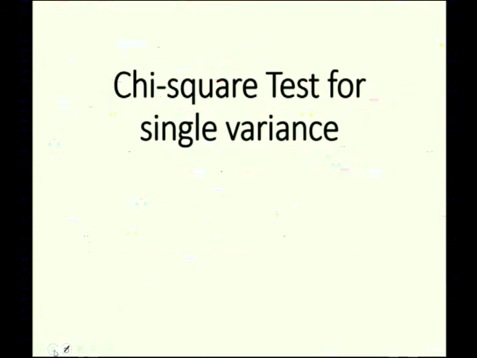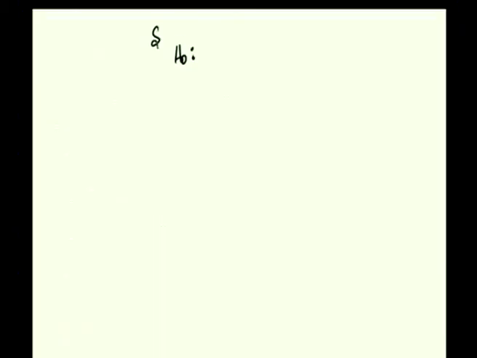Now, chi-square test is used for the hypothesis testing of a single variance. What is the procedure? First of all, we have to fix H naught, that is step 1. H naught is fixed as a sigma square value, whatever the population variance value is, that has to be fixed in step 1.